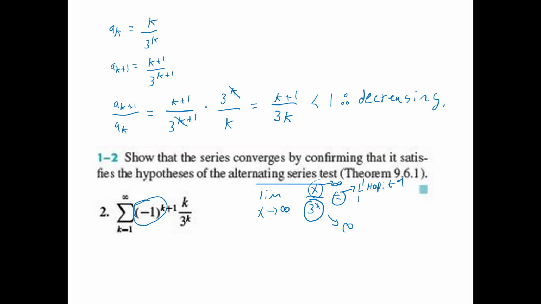You get the limit as x goes to infinity of the derivative of x, which is 1, over the derivative of 3 to the x, which is the natural log of 3 times 3 to the x. Now the bottom is growing without bound and the top is staying fixed at 1, so your limit is 0. So since it's decreasing, alternating, and the terms go to 0, it converges by the alternating series test.